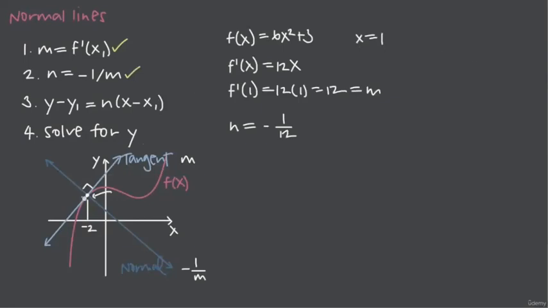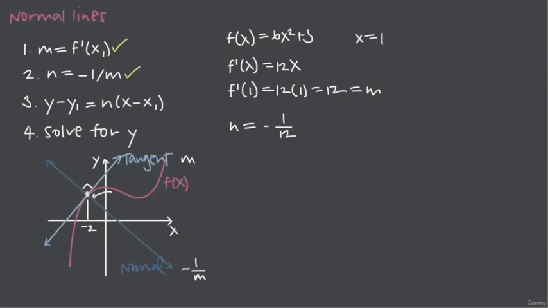Because if we go back to our illustration here, pretend that this is our function f of x, we've already been told that this value of x here is 1, but we don't know the y value of this coordinate point. So we have to plug x equals 1 into the original function in order to get the y value at that coordinate point.